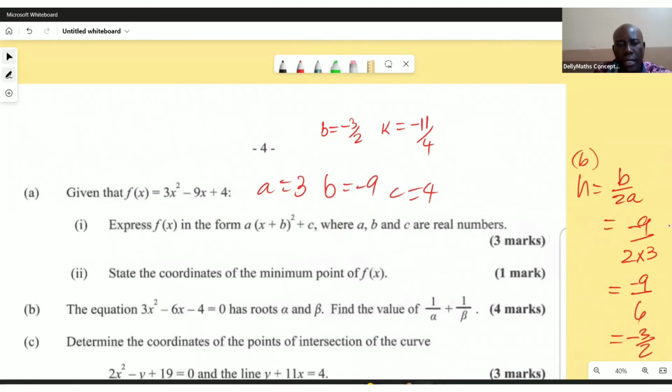So the form is, as you could see, a is outside and a is 3, open bracket, x minus 3 over 2 squared, and minus 11 over 4, right? So there it is. We would have had that as we're talking about completing the square. That's what we need. Just getting those and we're good to go. All right. We are very much on our way out.